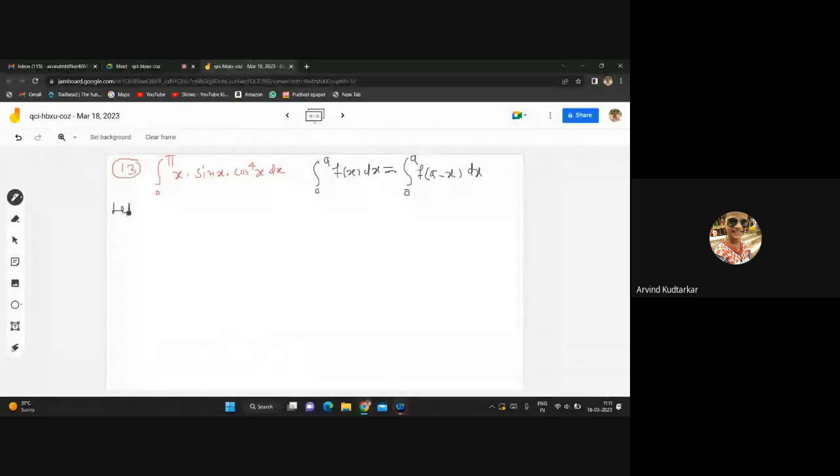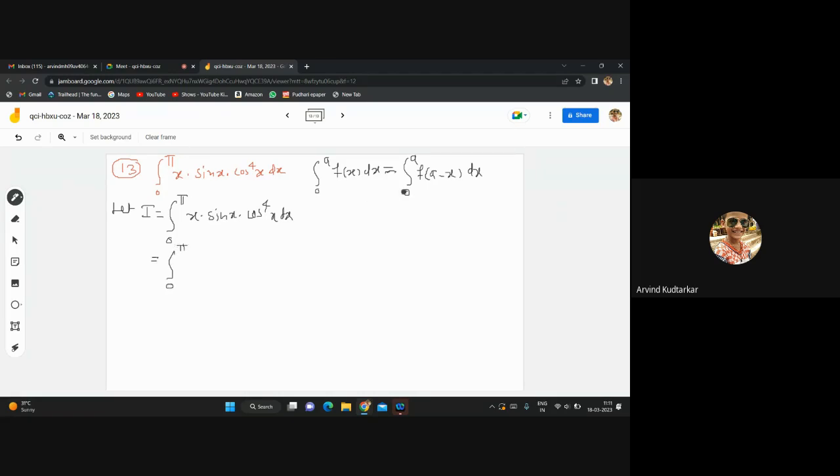So let I be equal to, first you have to define this integral as I. Integral from 0 to pi of x into sin x cos to the power 4x dx. That is equal to integral from 0 to pi.